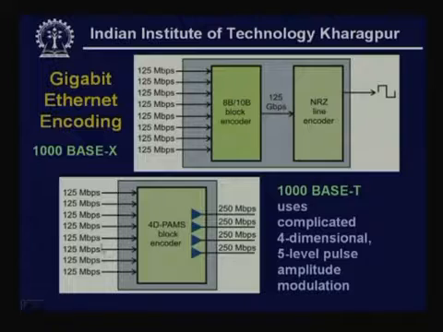That means it receives the 8 bits from the reconciliation layer at the rate of 125 megabits per second. Then this complicated encoding is done to transmit data on 4 wires, and it can support up to 25 meters. So, up to 25 meters this 4-wire cabling can be done for short distances.